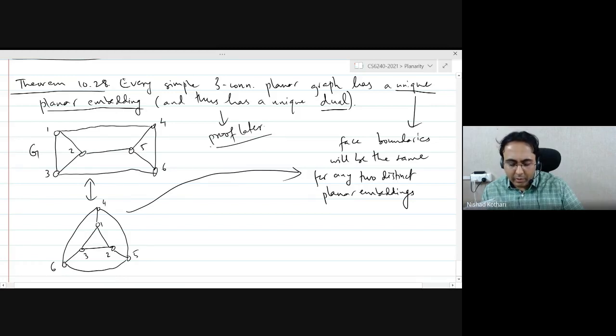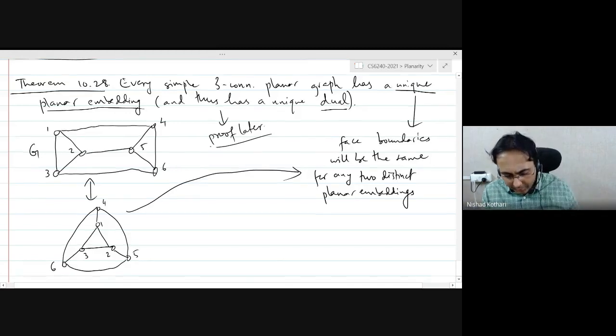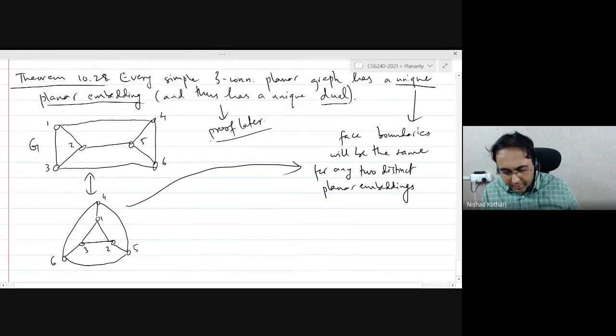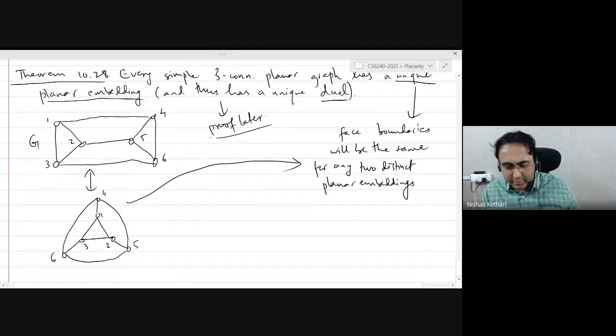And this is intuitively one of the reasons why any proof of Kuratowski's theorem first reduces the problem to three connected graphs and then proves it for three connected graphs. Although I think the proof we will see does not really rely on this fact in a concrete fashion, but in some sense, this is playing a role.